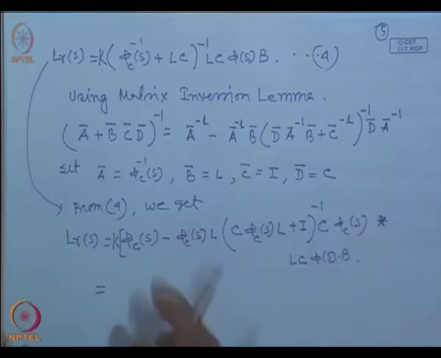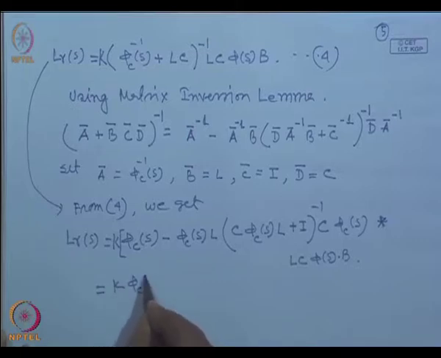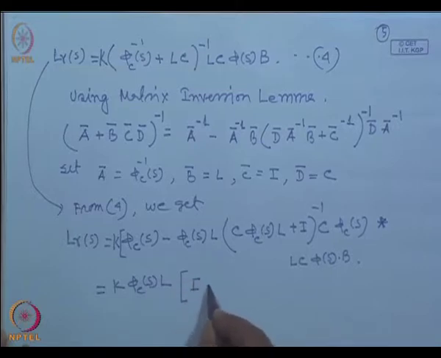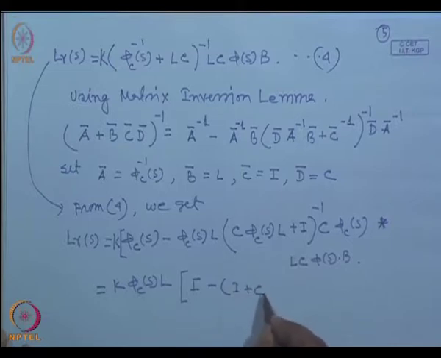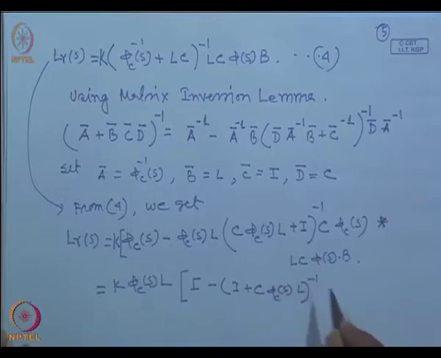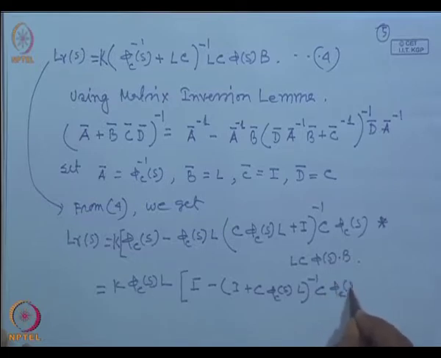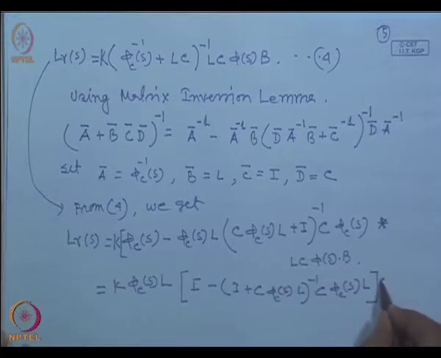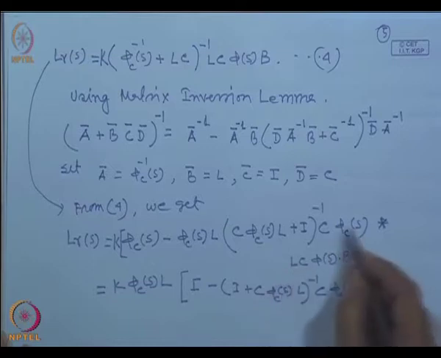If you take phi C S L common, then what remains is I minus I plus C phi C S L whole inverse, then C phi C S into L, into L bracket closed, then C, because I pushed L inside.